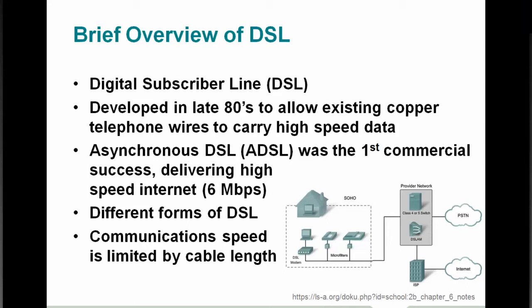Asynchronous simply means that what's transferred in one direction is not necessarily the same as the other direction, and it also means that it's utilizing a certain type of messaging format on the line. This one was basically the real big commercial success that made it happen.